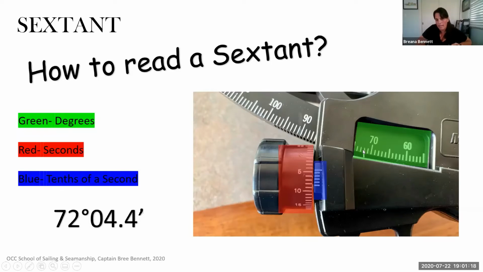So I am past that 72 mark. And so I would have 72.04, and then I have to figure out what my tenths are. So I'm kind of right in between, but where are my lineups? I have 2, 4. So I'm going to say that 6 and that 4 line are closest to even. So that would be 04.4.